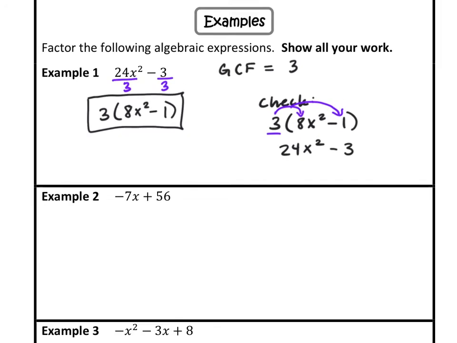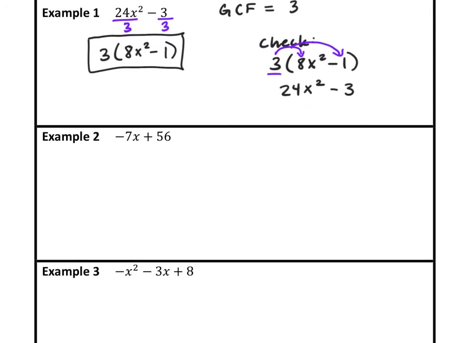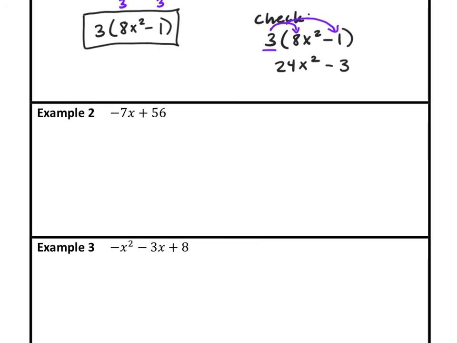Okay. Let's look at the next example. Okay. So again, we're looking for the GCF. If the instructions say to factor, then the first thing we want to identify is the GCF. And so if I look at the numbers 7 and 56, do I have a common factor?